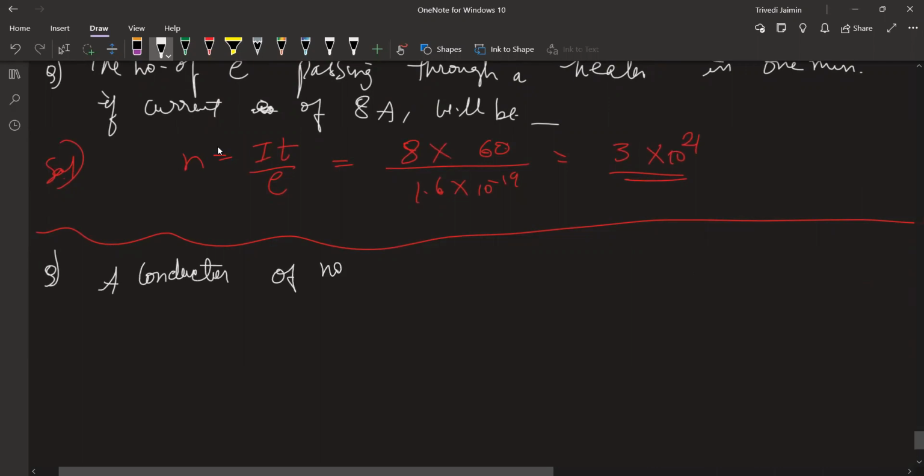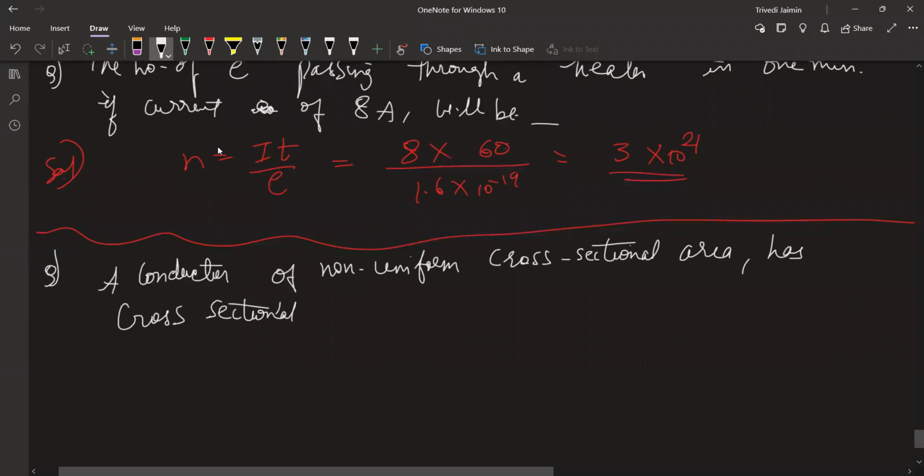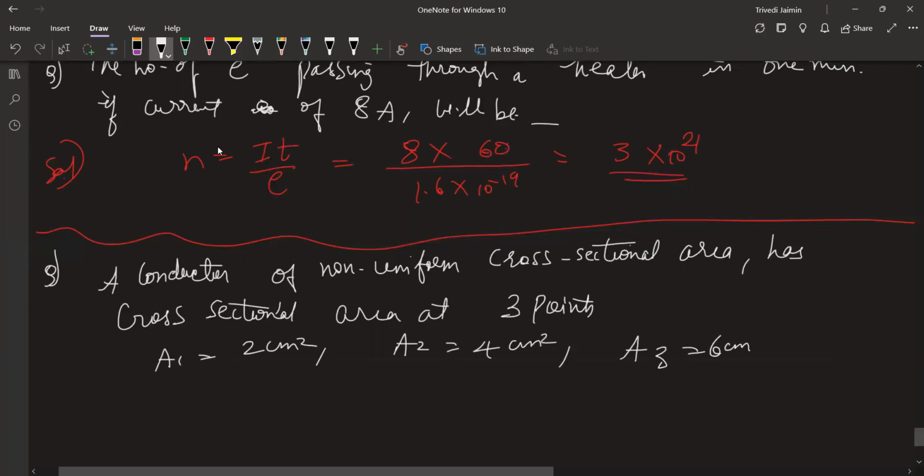A conductor of non-uniform cross-sectional area has sectional area at 3 points. A1 equals to 2 centimeter square. A2 equals to 4 centimeter square. A3 equals to 6 centimeter square.